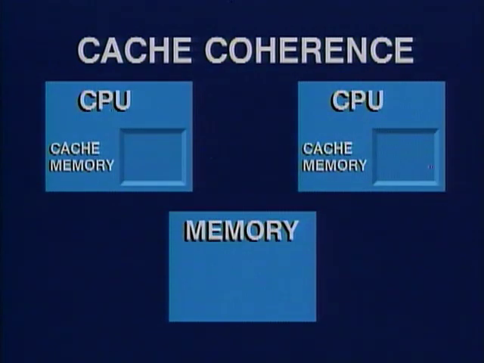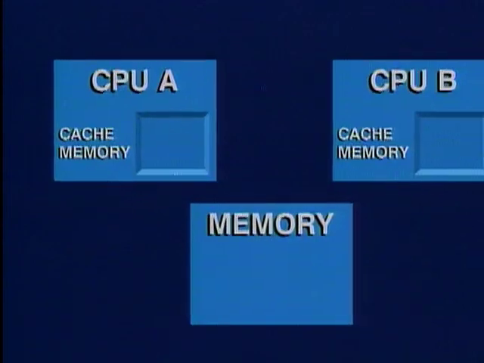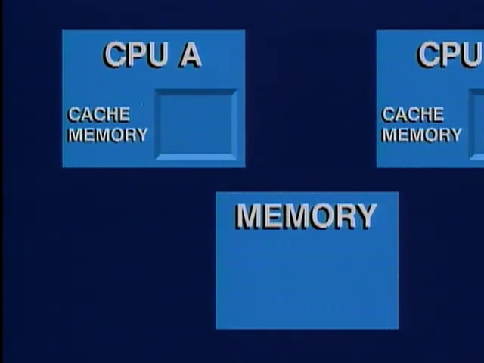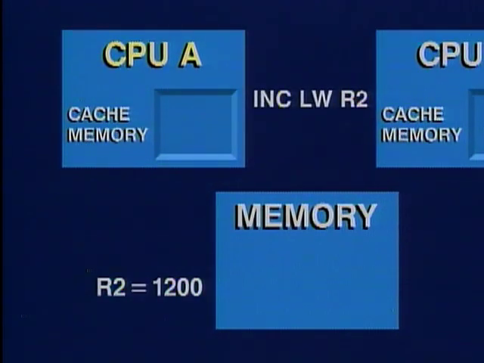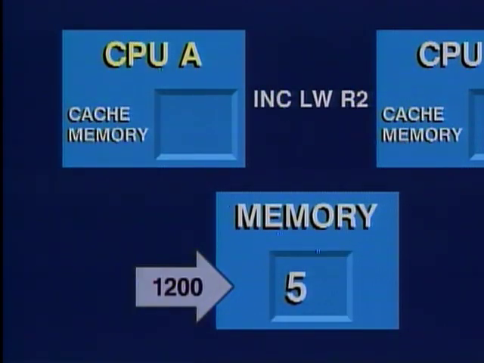Since cache memory is a part of the CPU, in a multiprocessing system such as the VAXstation 3520-3540, there are multiple cache memories. Suppose that CPU A in a multiprocessing system decodes the instruction increment long word R2. Register 2 contains the memory address 1200, which contains the data 5.